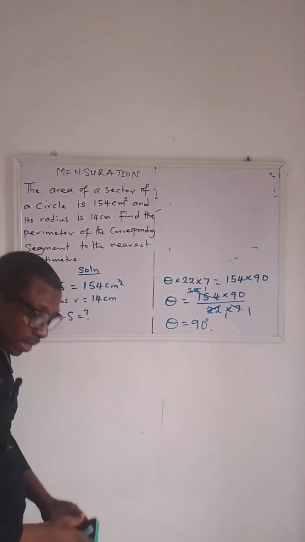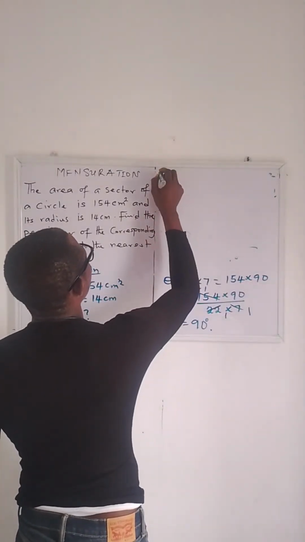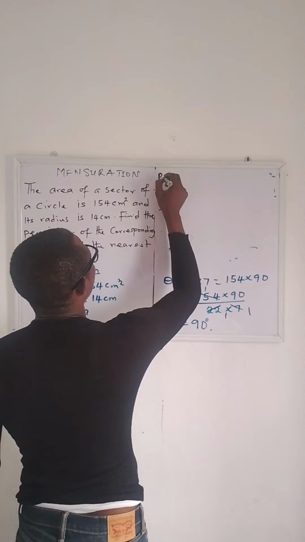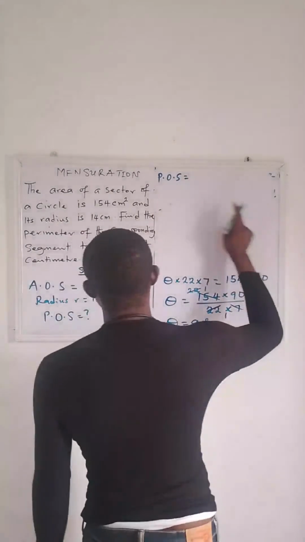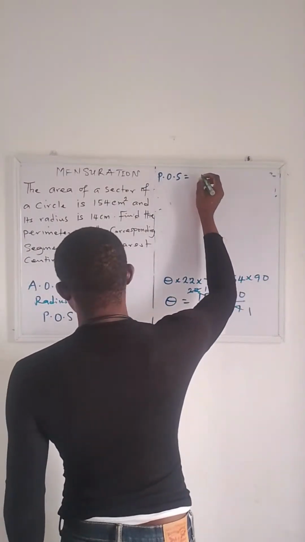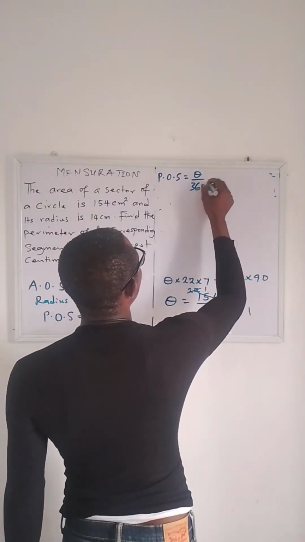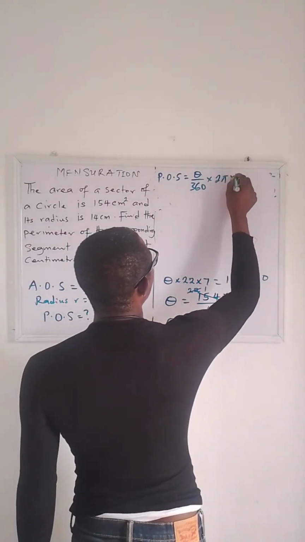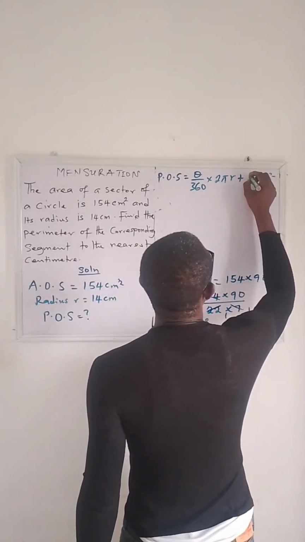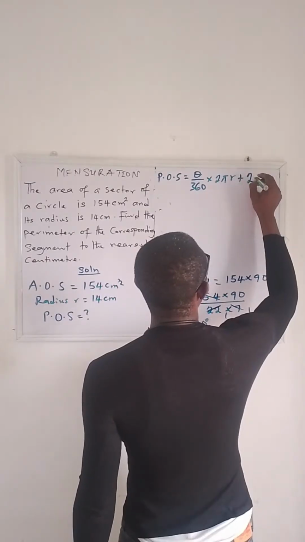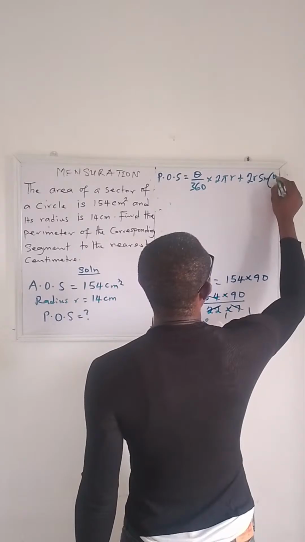All right, perimeter of segment equals what? That is going to give us theta over 360 times 2 pi r, plus the length of the chord, that is 2r sine theta over 2.